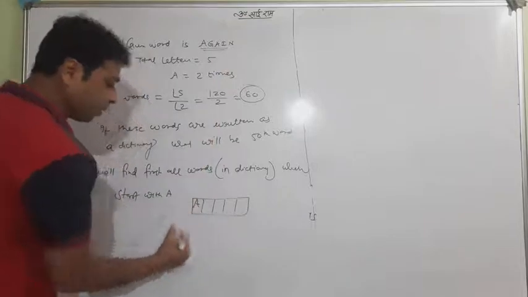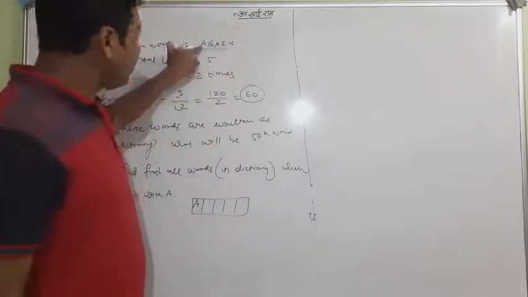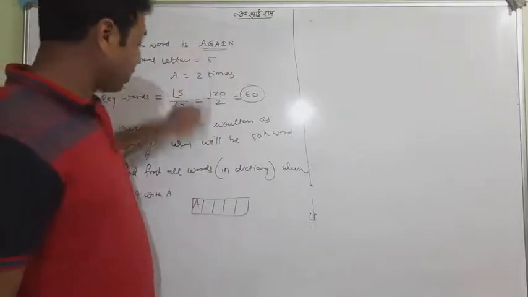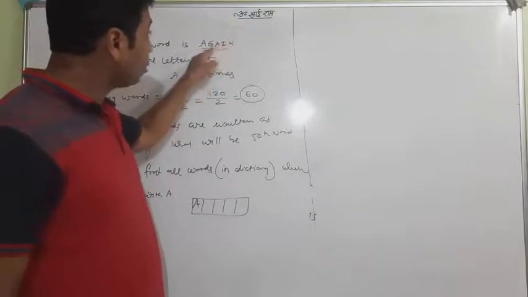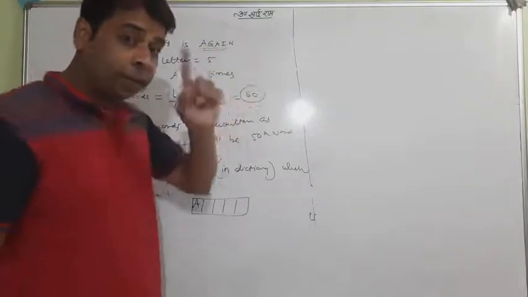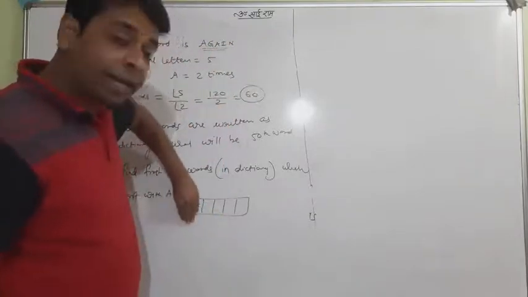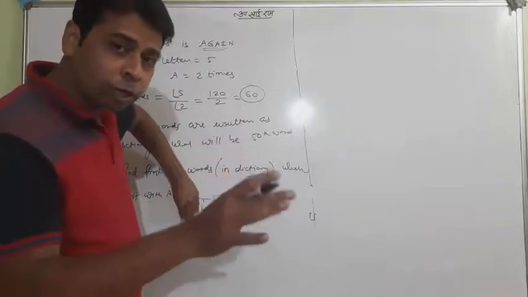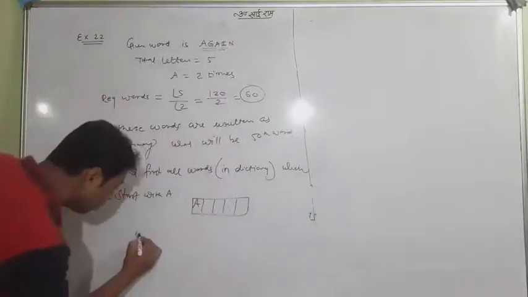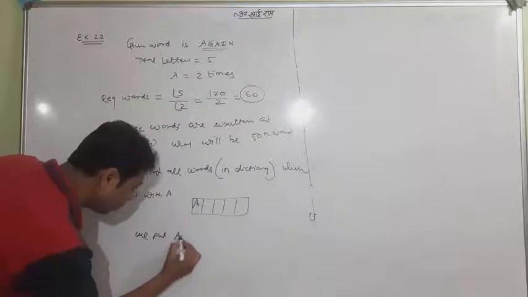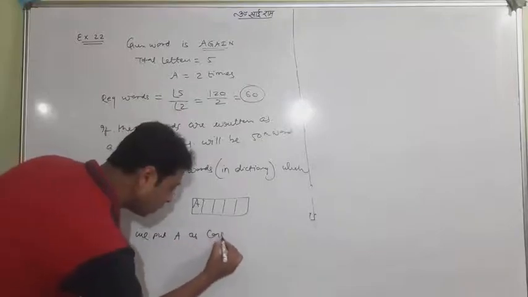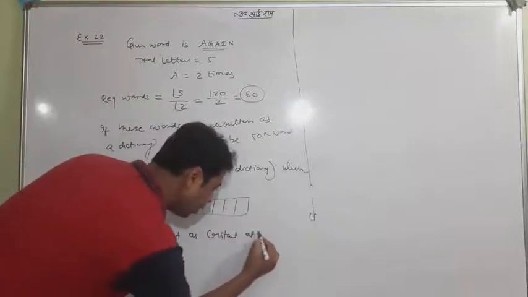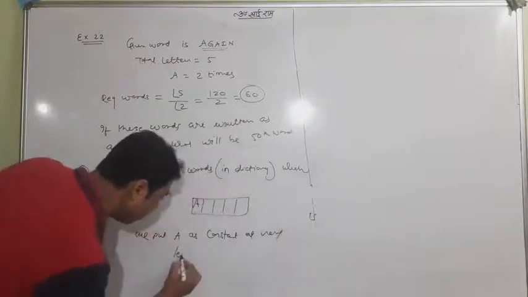We start with A. So any A you can take here. Suppose this A is here. So now we have 4 letters, G-A-I-N. And one thing, that A is a constant at the very first place, so we don't have to see A. So we put A as a constant at the very left place.